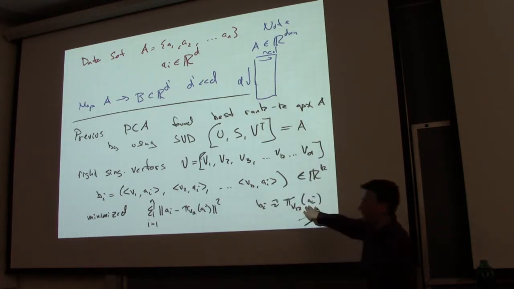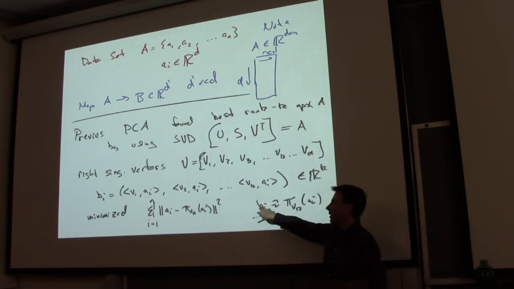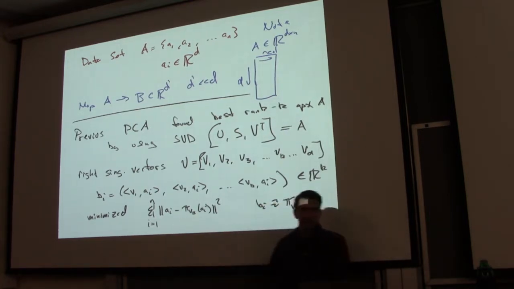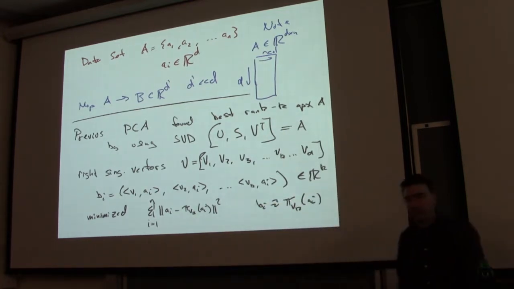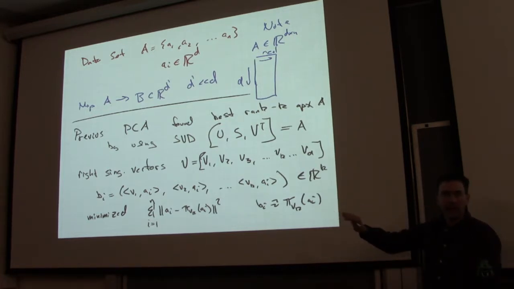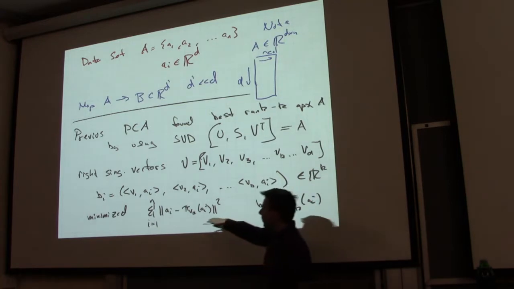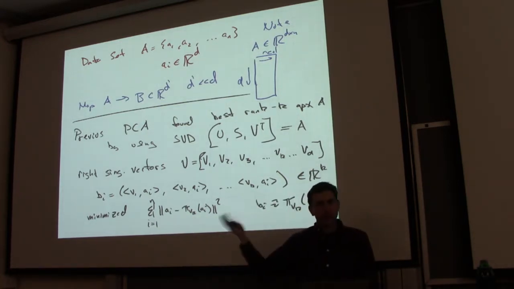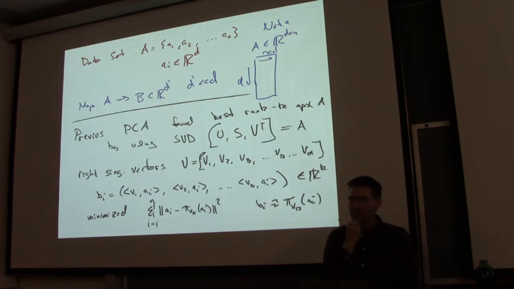This is a representation in d dimensions, this is a representation in k, but then it minimizes the sum of these squared errors. All right, and so this was optimal in this sense. If I want to minimize the sum of the squared distances of this projection, then this was the best way of doing it.